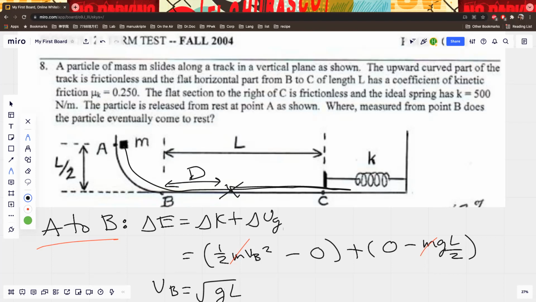So the position it would stop at would be somewhere between 0 and L. Okay, so that's true. It comes to rest somewhere between B and C. So where's it going to come to rest?